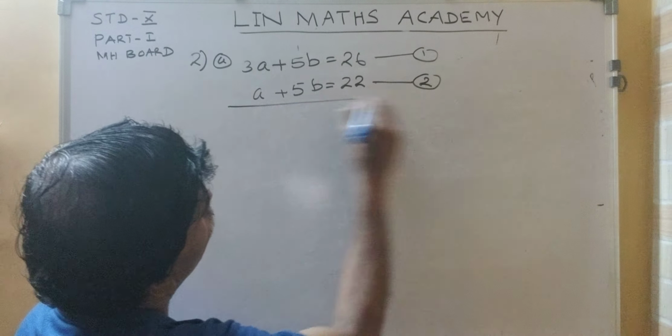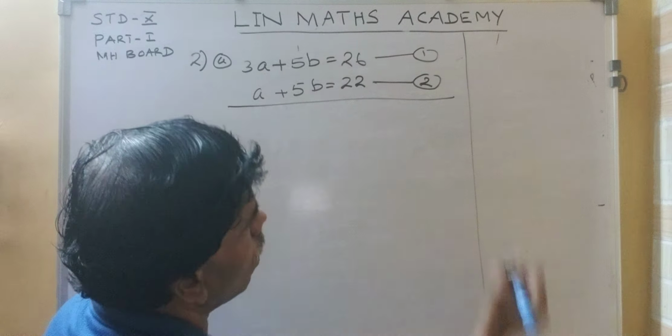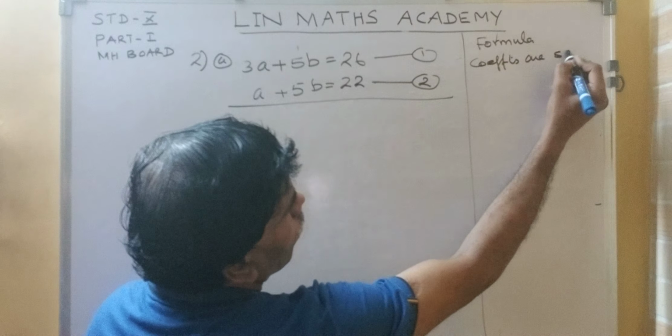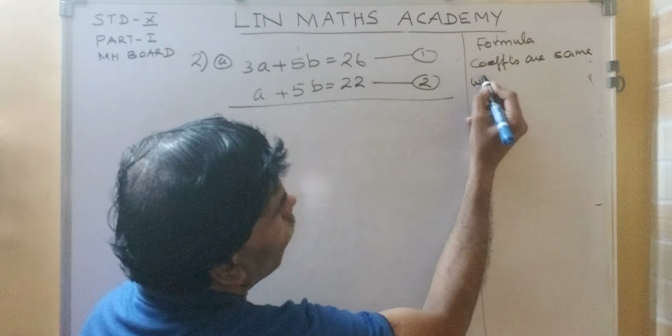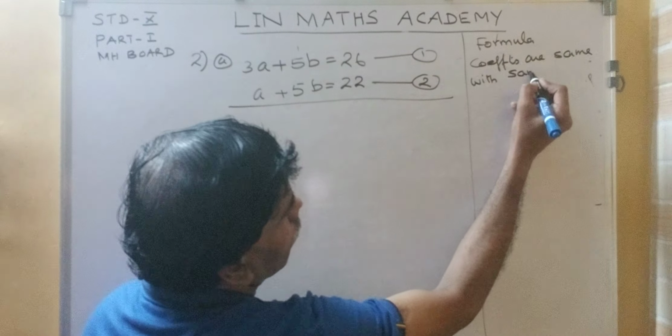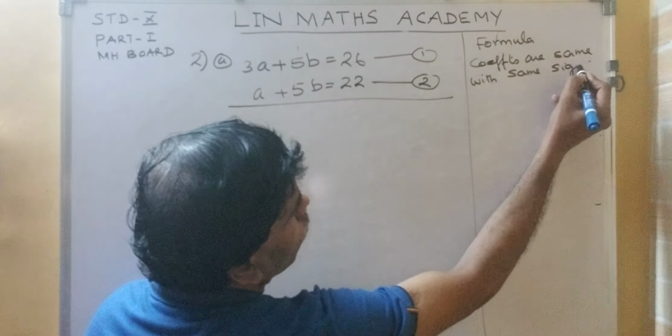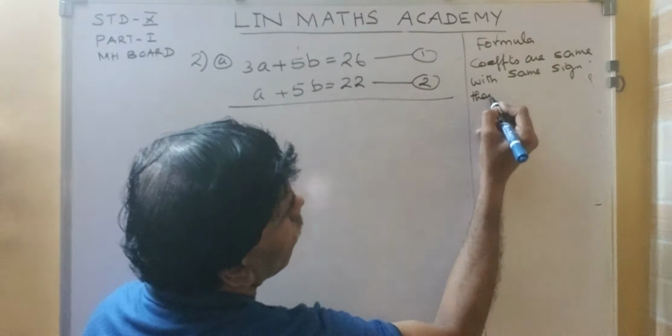Equation 2. Now formula. Here what is the coefficient of b? Plus 5. Here what is the coefficient of b? That also plus 5. See, coefficients are the same with the same sign, then subtract the equations.